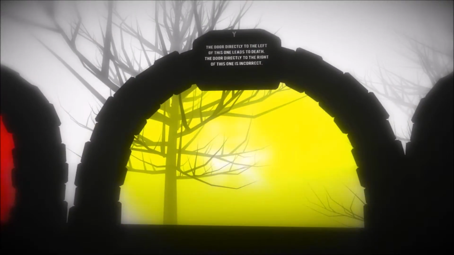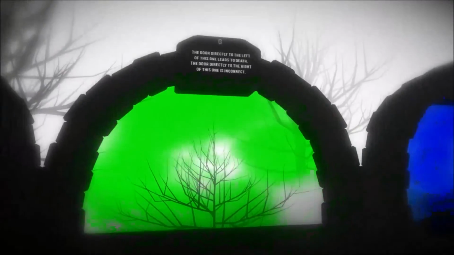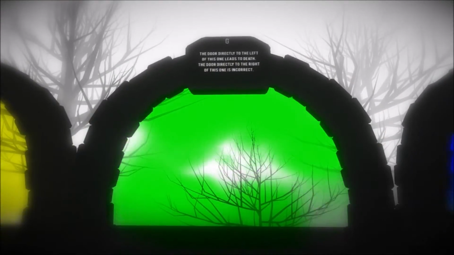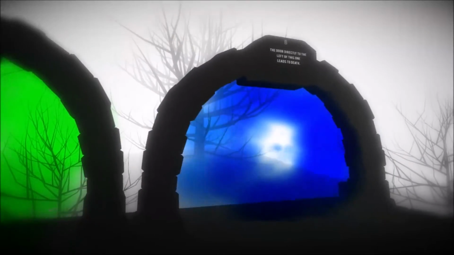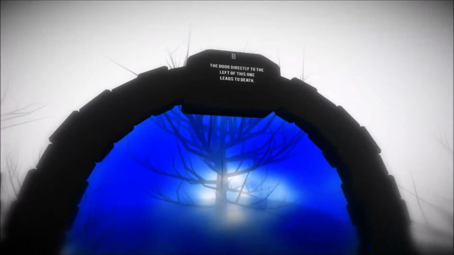The door directly to the right of this one is incorrect. The door directly to this one leads to death. Is correct. Okay. Wait. That was incorrect, and that was incorrect. Okay. Just making sure. The door directly to the left of this one leads to death.